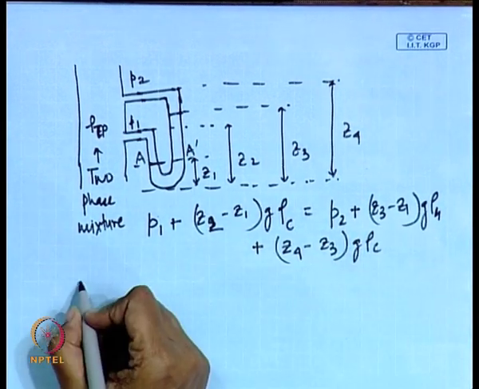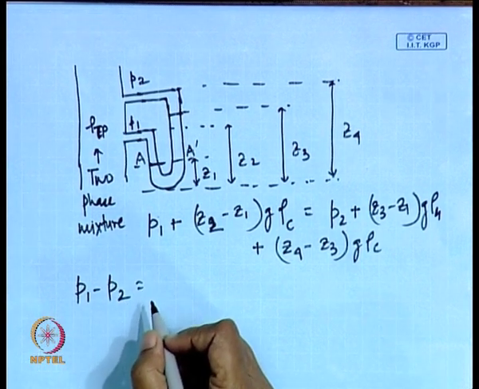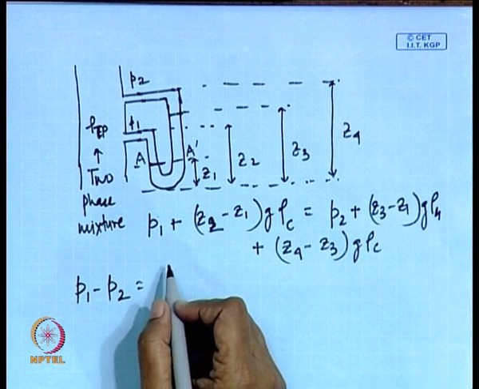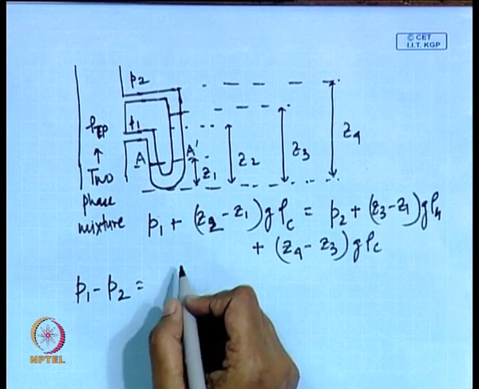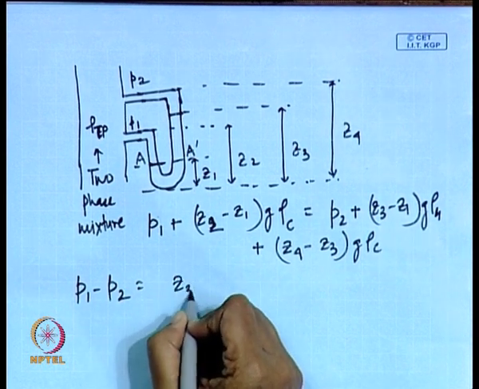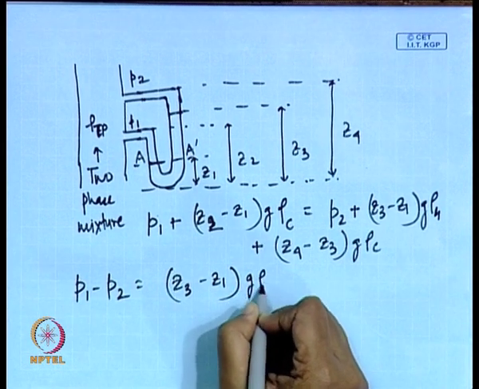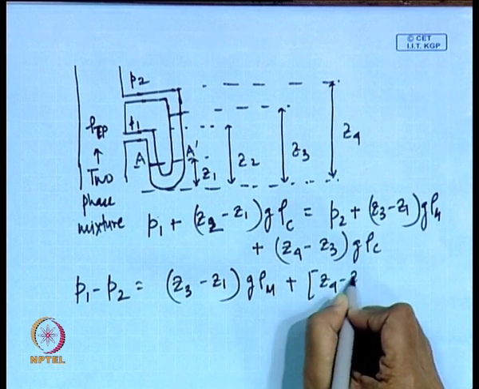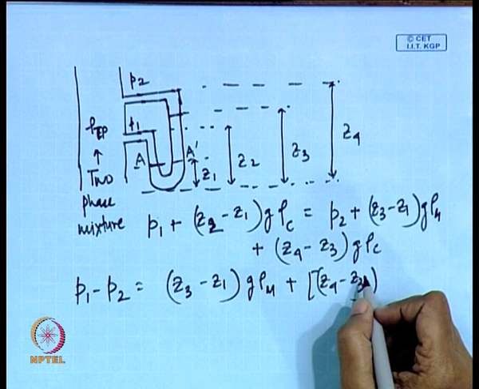So, from here what do we get? P1 minus P2, if you just rearrange it, what are you going to get in this particular case? We are just rearranging it.